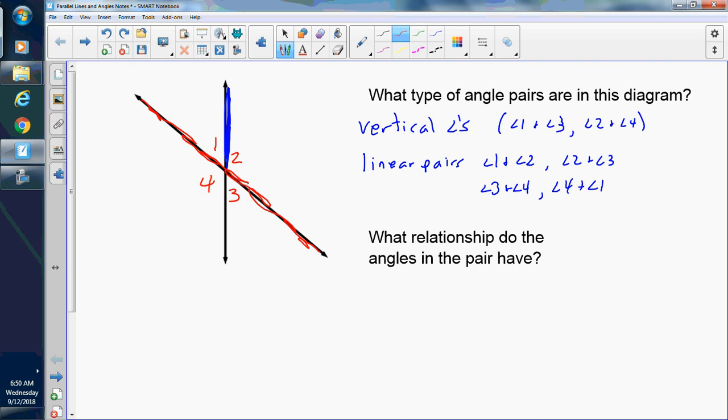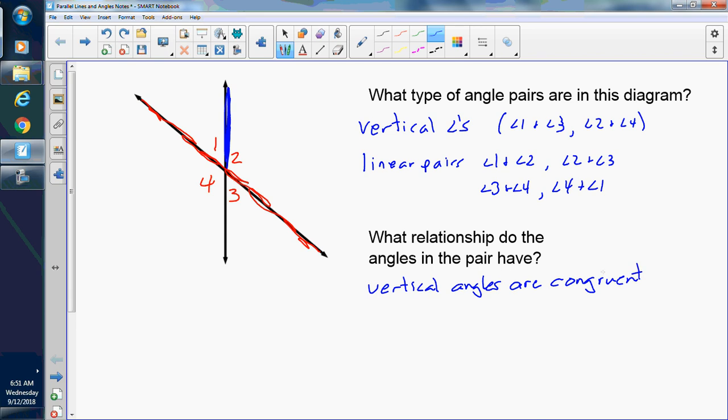What relationship do the angles in the pair have? Well, vertical angles will always be congruent. So anytime we have vertical angles, we can make a statement that they're congruent.